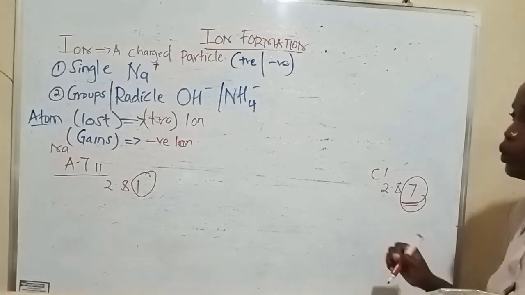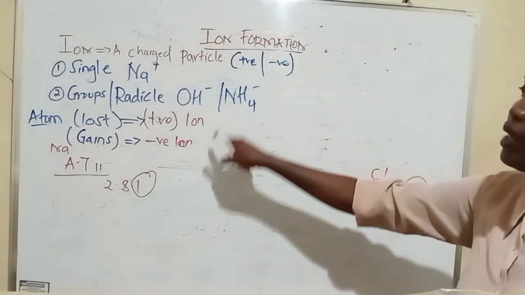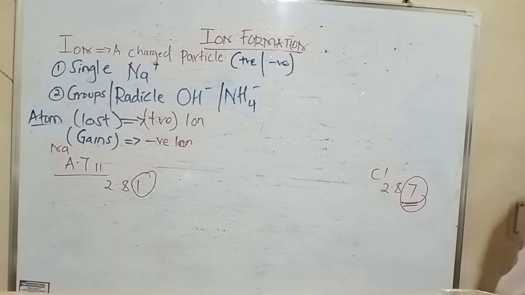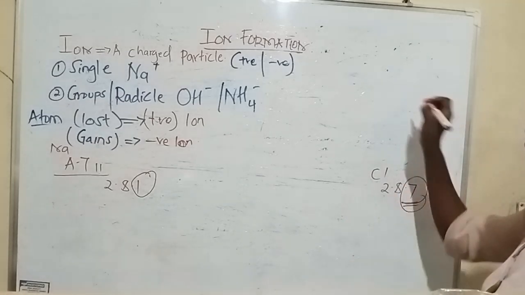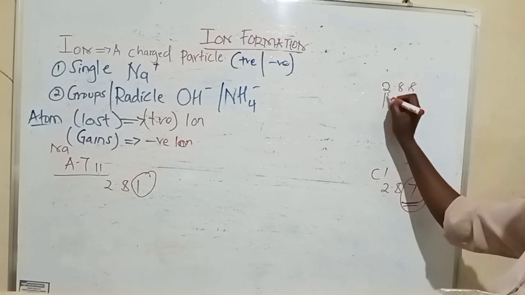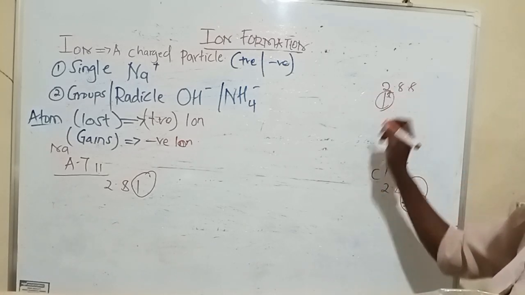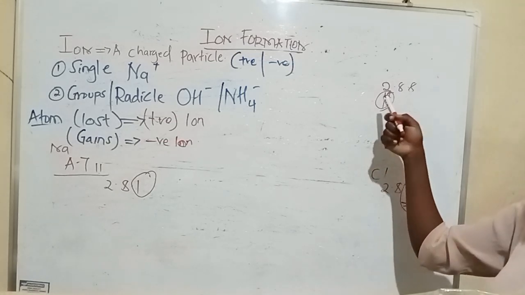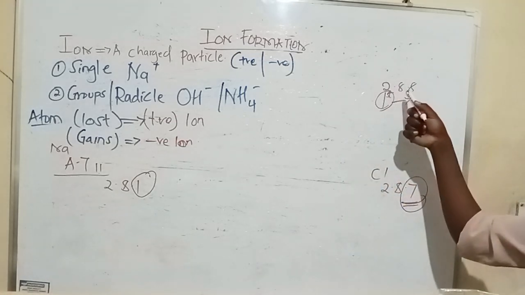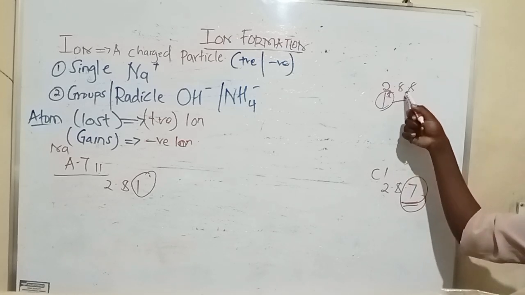Remember, these atoms that are going to lose or gain electrons do it to attain stability. Remember, we said there is a rule of 2:8:8. The first energy level has a maximum of 2 electrons, while the succeeding energy levels have a maximum of 8 electrons.